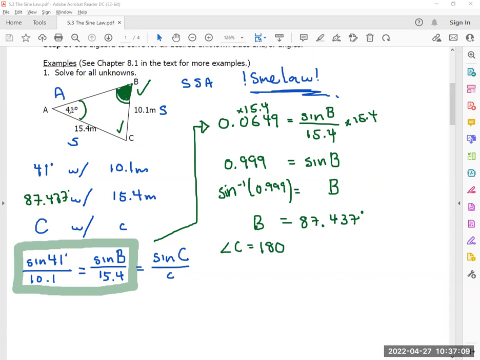41, which is A, and then I take away the angle B, which is 87.437, you get what's left over. That will be approximately 51.563 degrees.